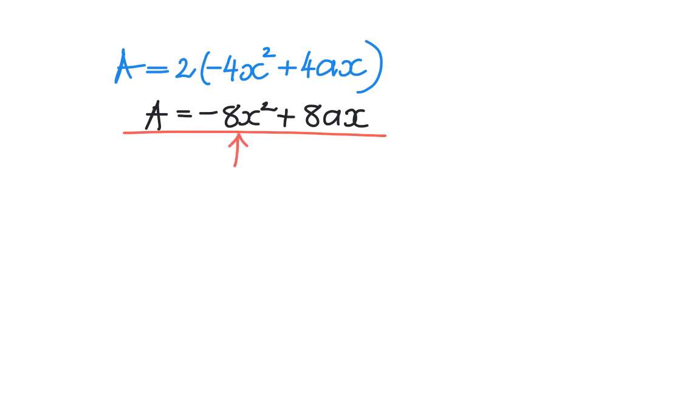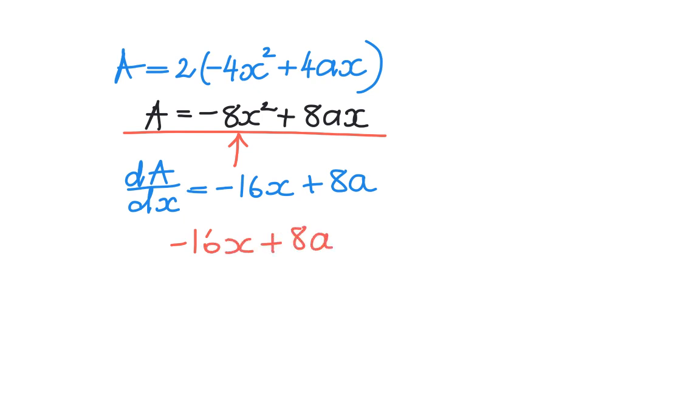Well, obviously, this area will only have a maximum, since it's a parabola with arms down. And in order to determine the maximum value, we need to find the derivative of a given function with respect to the given variable. So we get minus 16x plus 8a. The derivative must be equal to 0. Therefore, we get 16x equal to 8a, and x will be equal to a over 2.